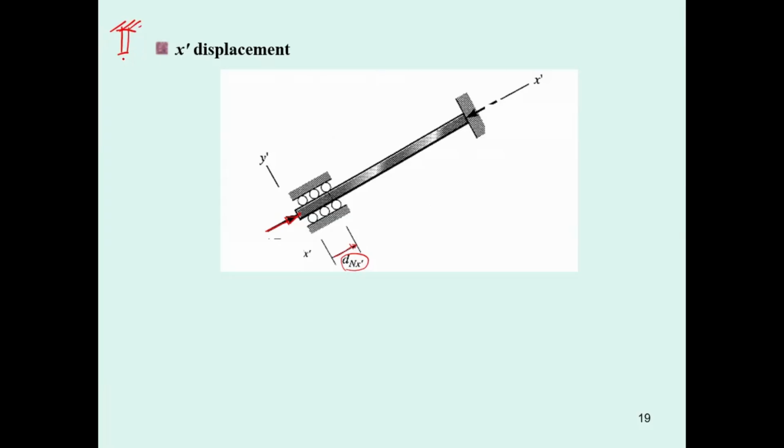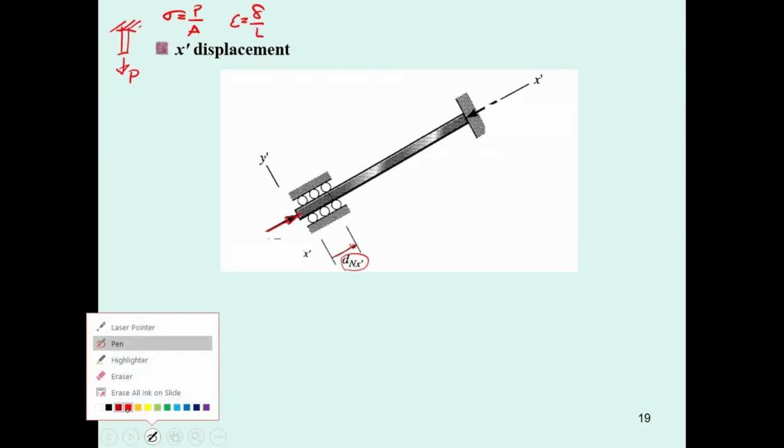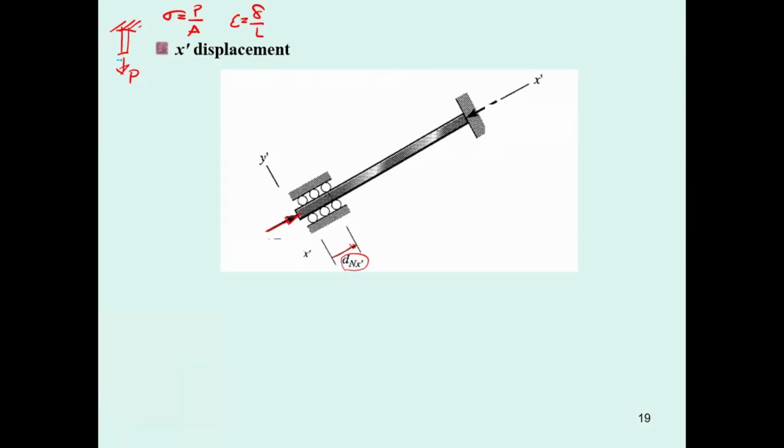We have an axial member subjected to the force P. Then the stress occurring here is going to be P over A, and the strain is going to be the deformation divided by the length L. Under the force P, we have this deformation.